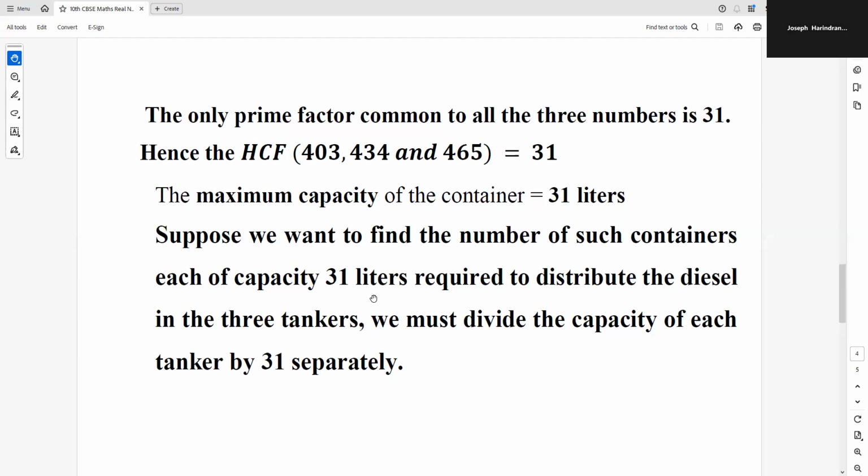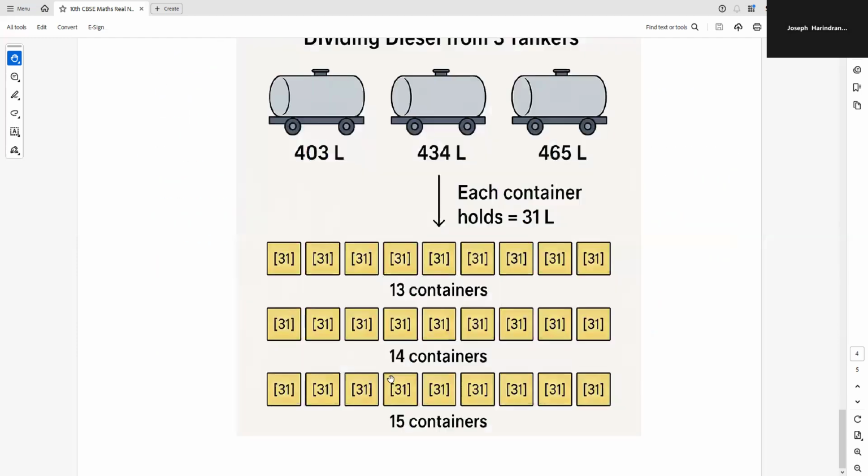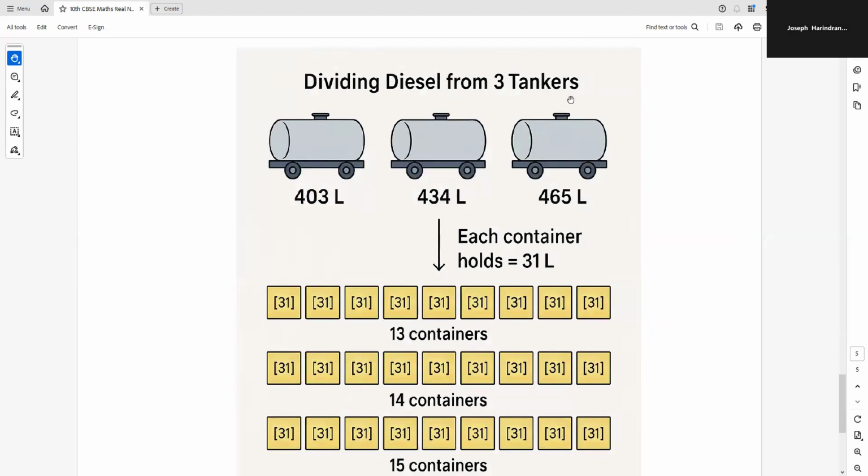Then we must divide the capacity of each tanker by 31 separately. And we get a picture like this. In this picture, we see the capacities of each of these 3 tankers being divided by 31.